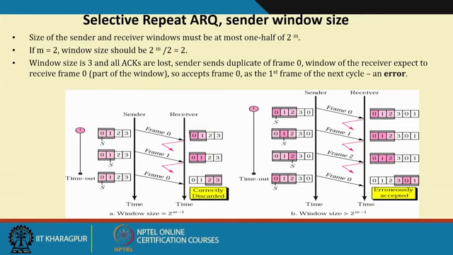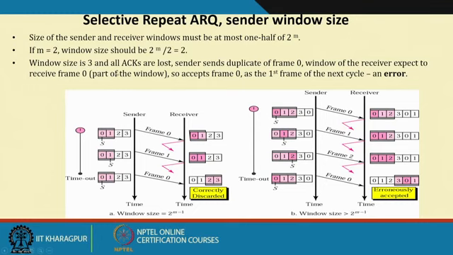Like in the other case also, if the window size is greater than 2 to the power m divided by 2, then I can accept this one, though it was a duplicate, I accept it erroneously, whereas if it is within that limit, it is correctly discarded by the receiver.